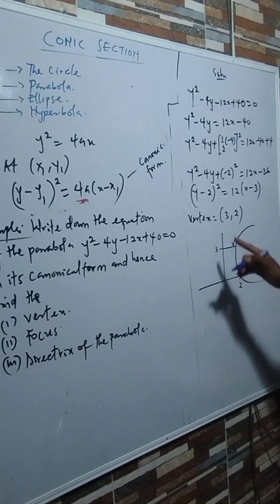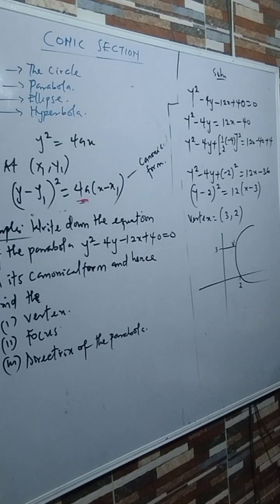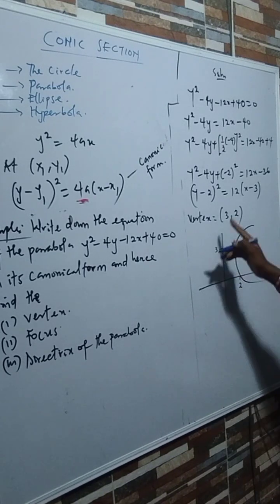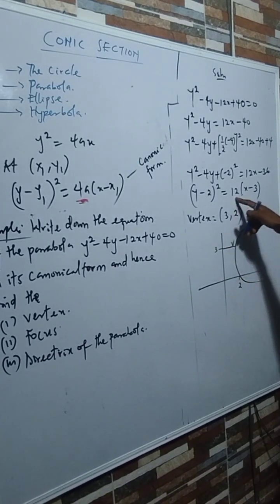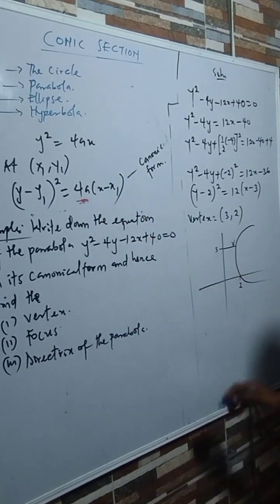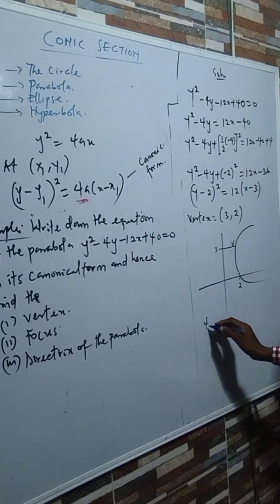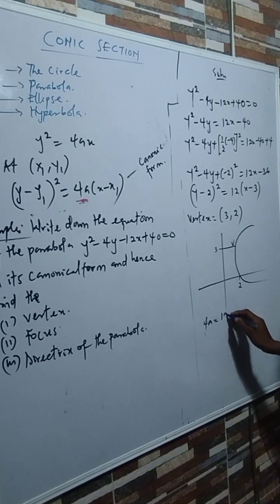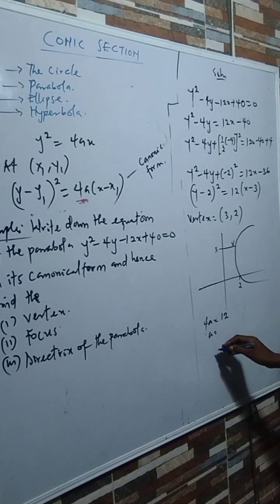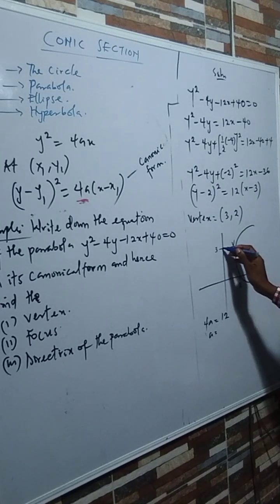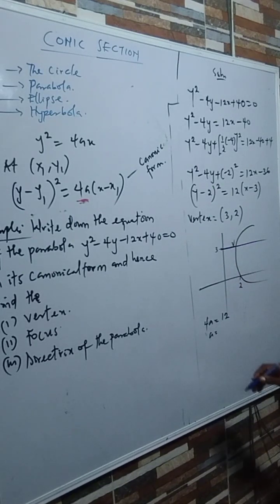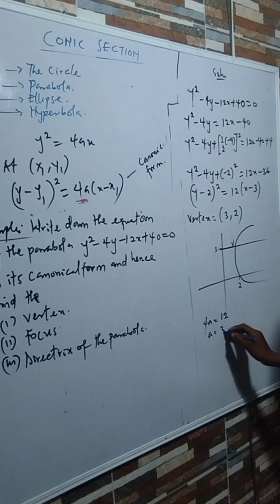So now, to find the focus is very easy, just compare. That means my 4a is equals to 12. My a here is, okay, let's just extend this a little bit. So our a is 3.